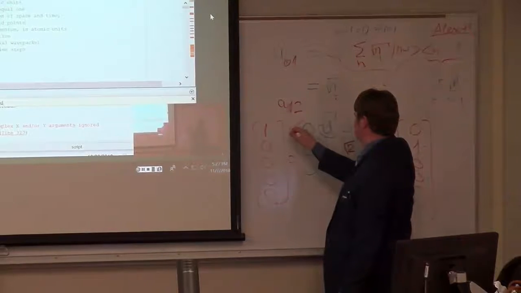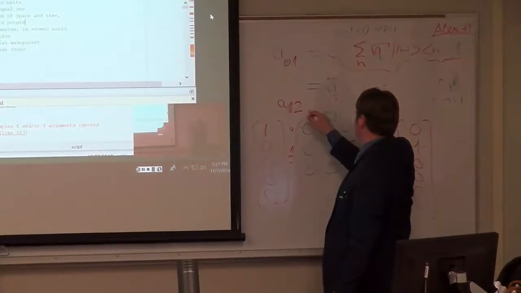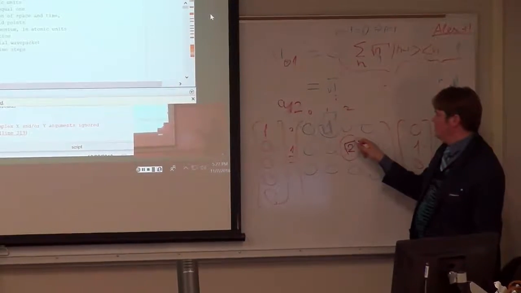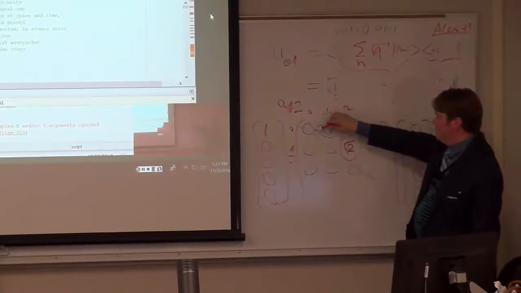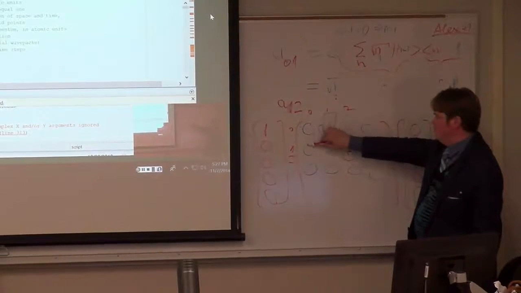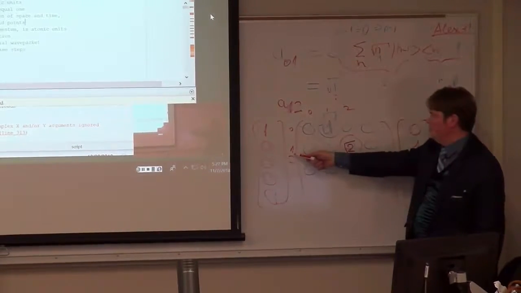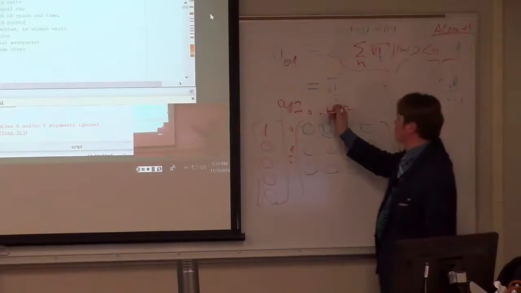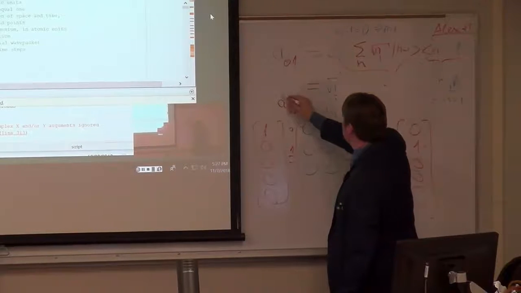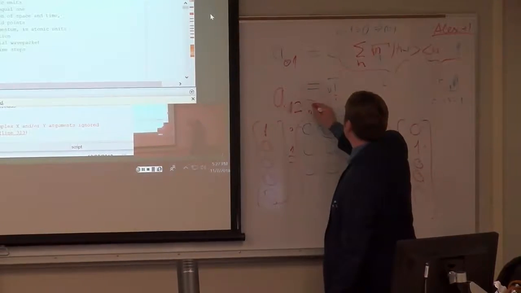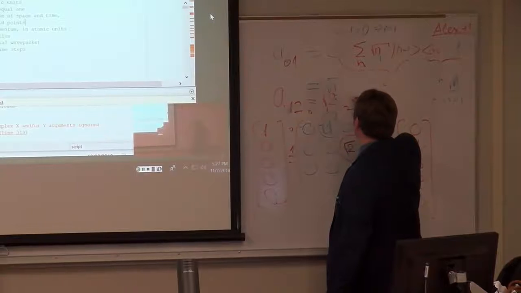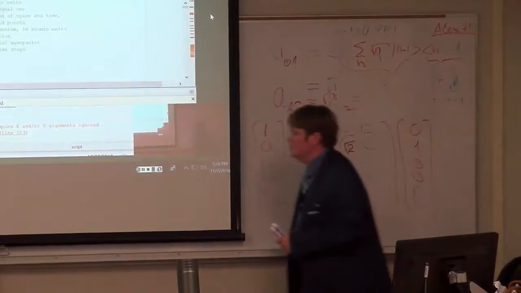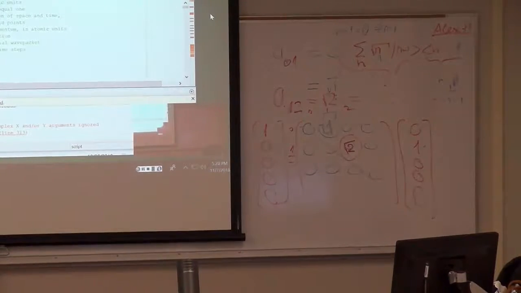Correct. 0, 1, 0, 1, 2. So the element which stands in the second column, which has index 1, and in the third row, which has index 2. So we should obtain that this element A sub 1, 2 must be equal to square root of 2. Let's check if we can get this result by practicing.